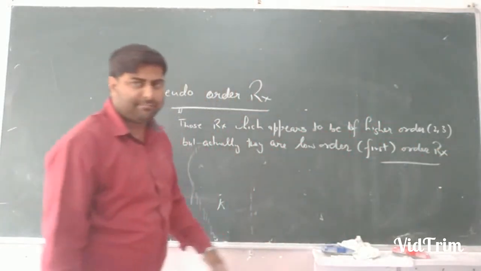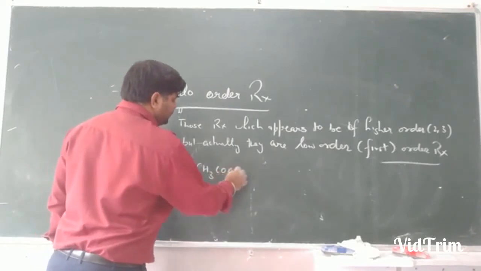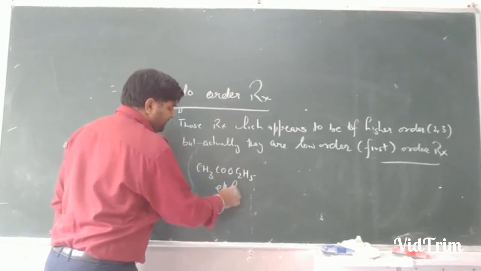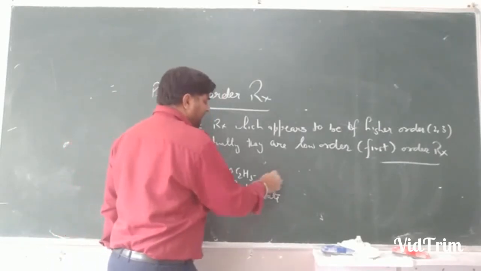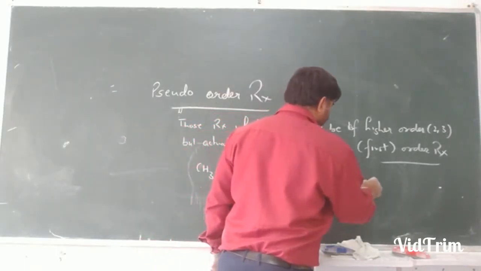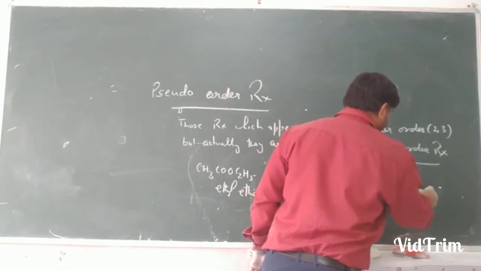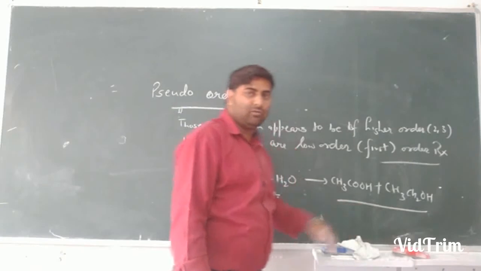We have a very simple example. CH3COOC2H5, this is called ethyl ethanoate. When we add water, we get CH3COOH plus CH3CH2OH, acetic acid plus ethyl alcohol.